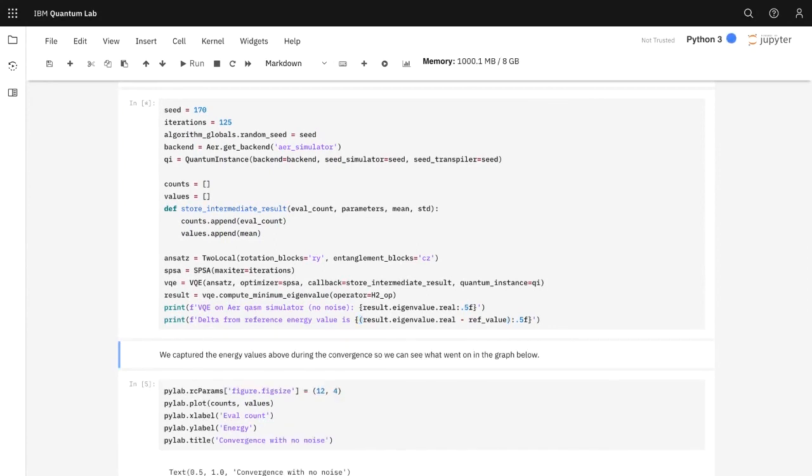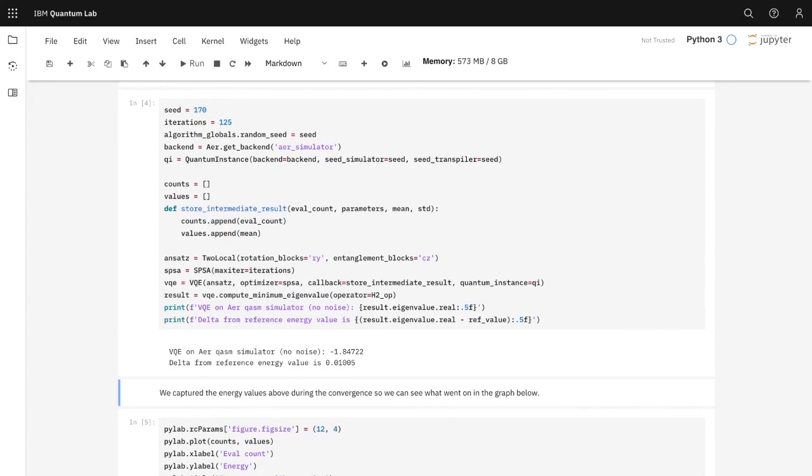And it's going to take some time because with noise, it's harder for the optimizer, because you have uncertainties when you decide where to shift your parameters, and the more noise you have, the harder it can get. So it's still optimizing.